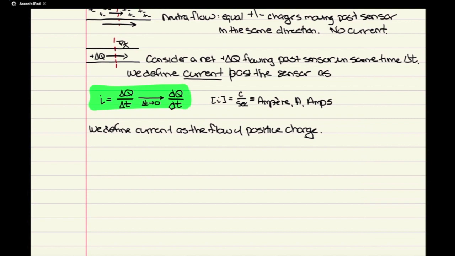Now, it's not always the case that it's positive charge that is actually moving. For example, in conducting metals, like copper wires, it's the electrons that are actually moving. But for historical conventional reasons, we define the current as the flow of positive charge. Now, it's not to say it never happens.